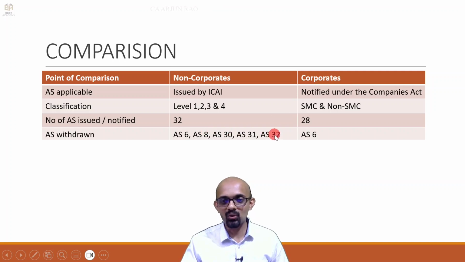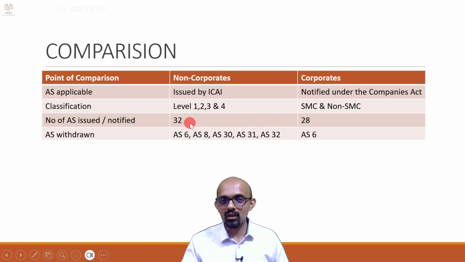AS 30, 31, 32 were issued by ICAI post 2007. Again not notified. So these 4, that is the difference between the 32 and the 28.